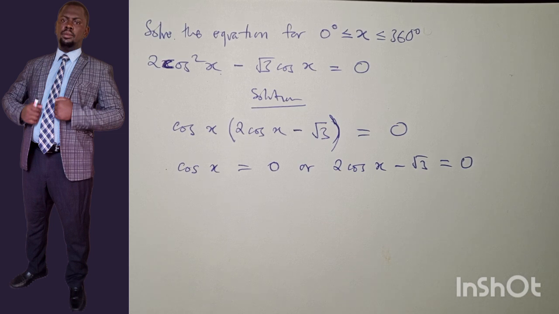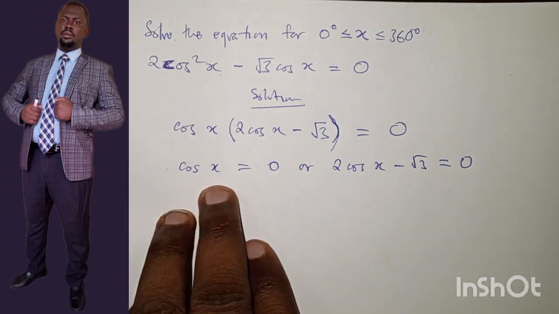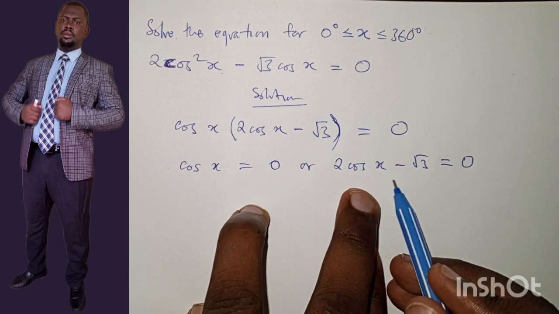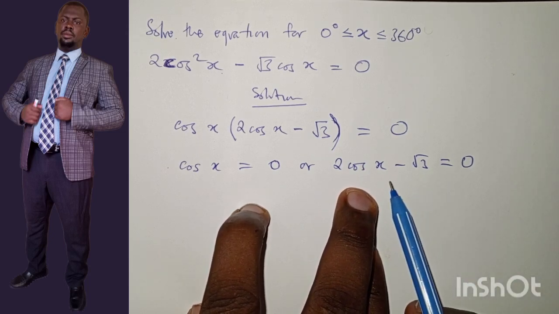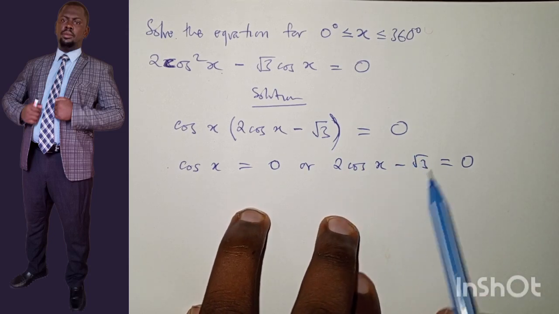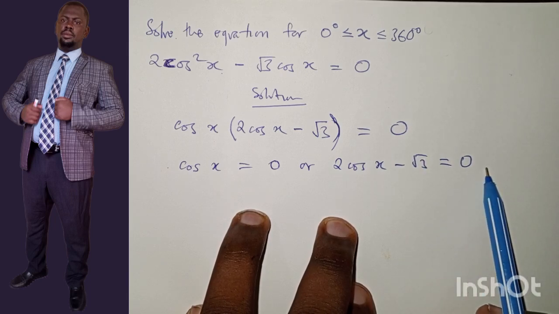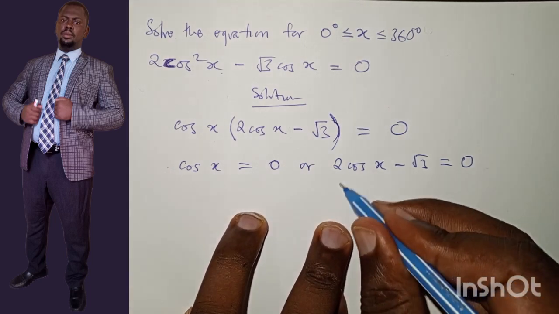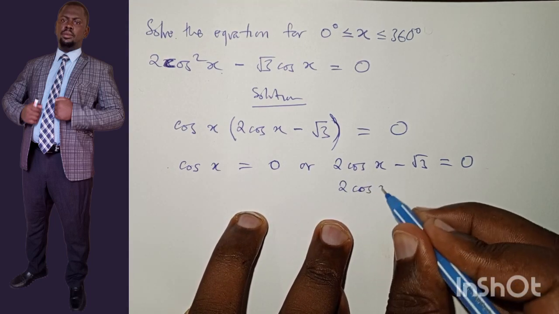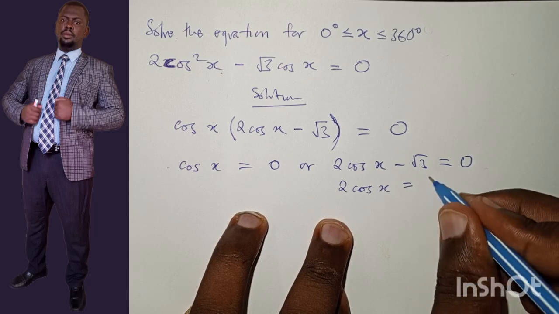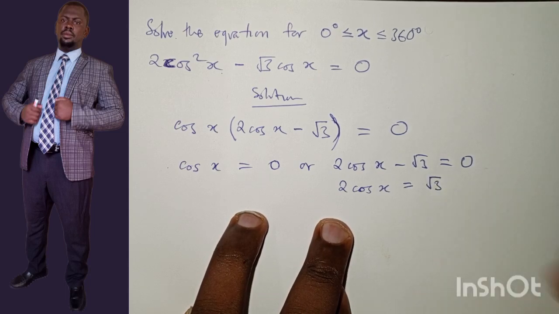Then you work out the cos x. Okay, so here we already know that cos x is equal to 0. Then here, to make cos x the subject, first this minus square root of 3, we'll bring it to this side. Then it will be positive. So we are going to have 2 cos x is equal to square root of 3.